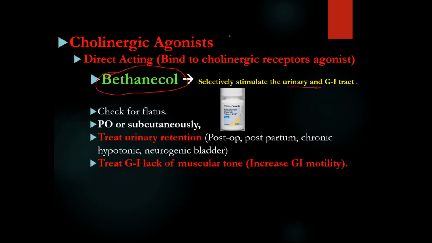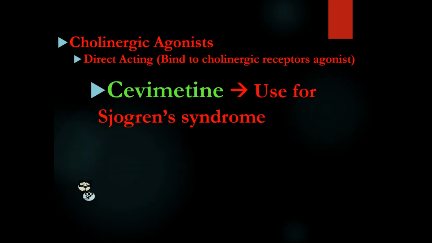So remember, we have urinary retention when you cannot pee because you have an injury in your back. So you give cholinergic agents to make the urinary bladder contract, so there is no urinary retention and there is evacuation. So that is bethanechol. I hope that's clear.